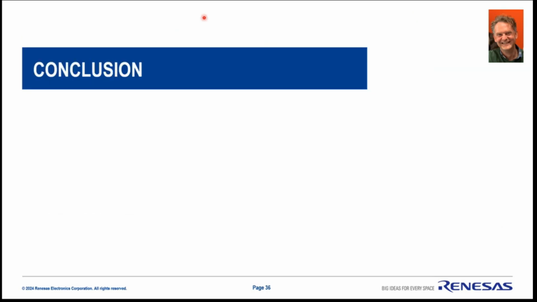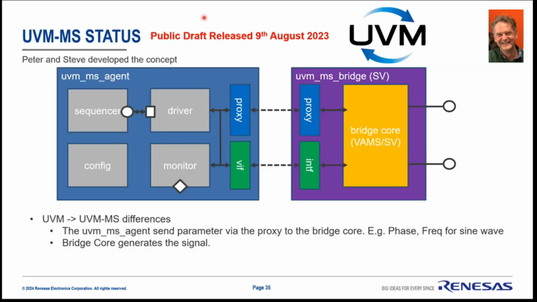We typically send and receive information via a proxy class inside a SystemVerilog bridge component. It's organized this way so we can easily override the nature of the components in it, and it supports the various languages as they are at the moment for communicating information between VAMS and SystemVerilog.